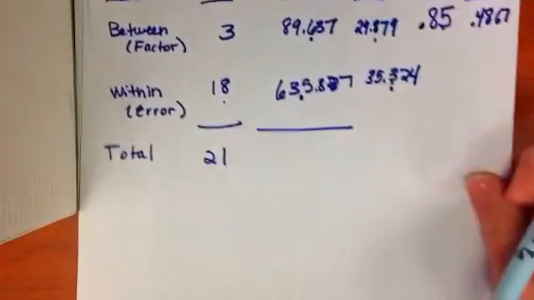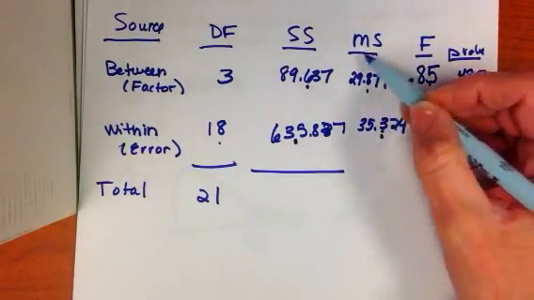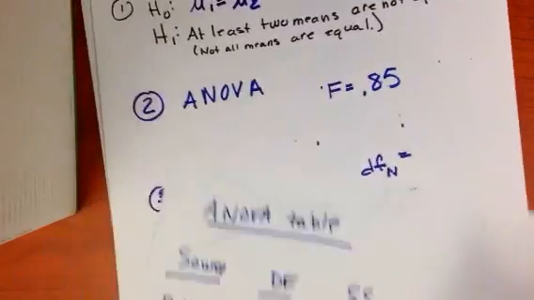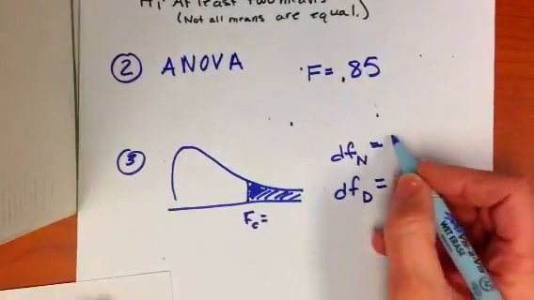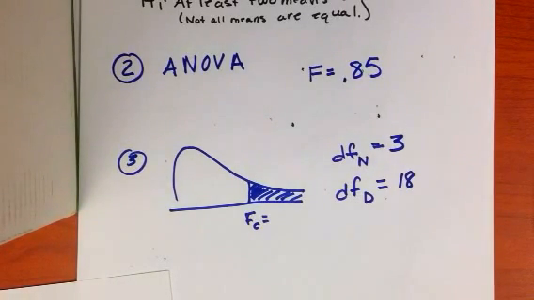Remember, I said you're going to take the mean squared between divided by the mean squared within. So it's degrees of freedom numerator, degrees of freedom denominator. My degrees of freedom numerator is 3. We need those to look up our table values.